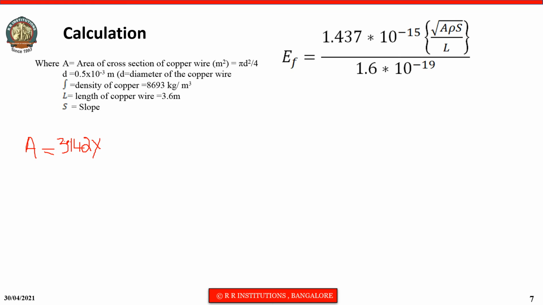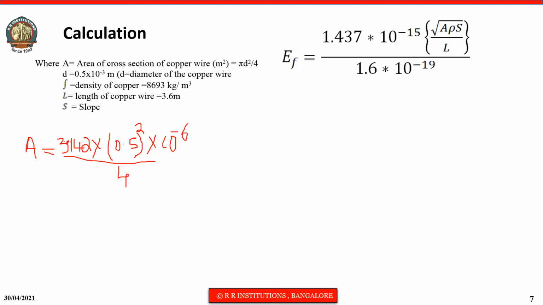D means 0.5 square, and it is minus 3 there, so square of that is 10 to the power of minus 6, divided by 4.